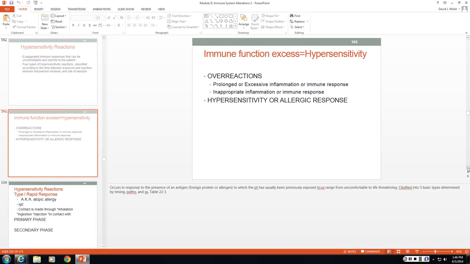Now, immune function excess is known as hypersensitivity. And this is basically an overreaction. It occurs in response to the presence of an antigen or a foreign protein or allergen which the patient has been previously exposed to.